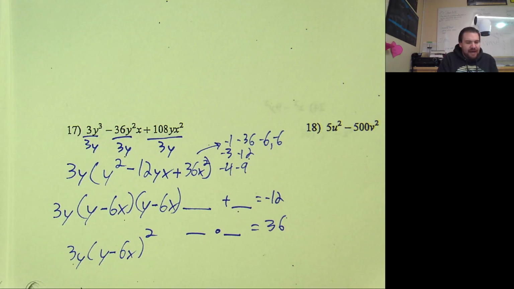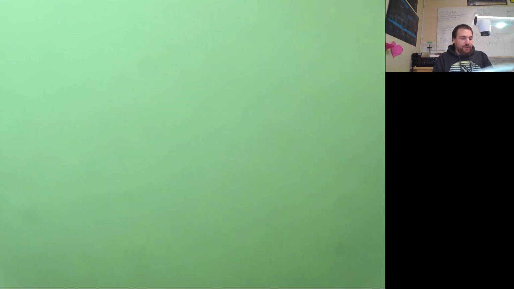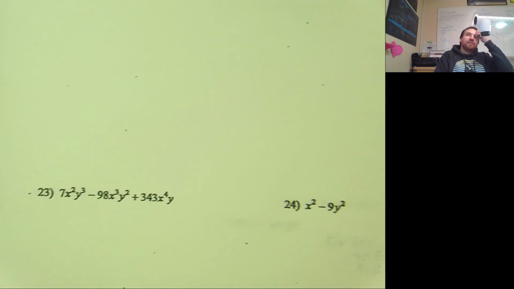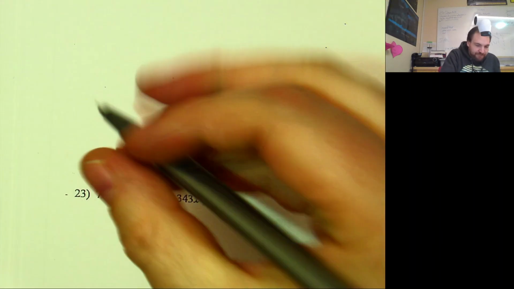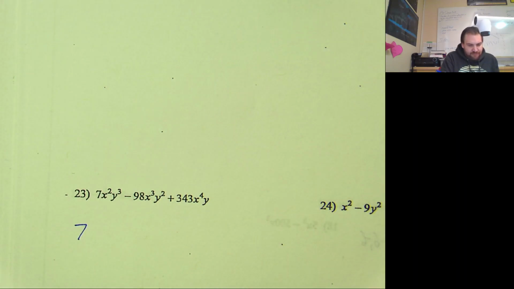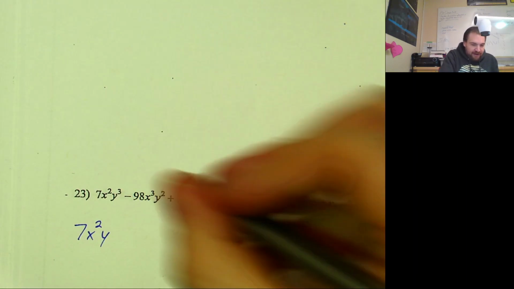Okay. Angel wanted 23. Is there anything before 23? We're rapidly running out of time here. Okay, here we go. 23. Angel, first thing we want to look at is what? GCF. So what might the GCF be if there's going to be a GCF? 7. Just 7? 7x squared y.